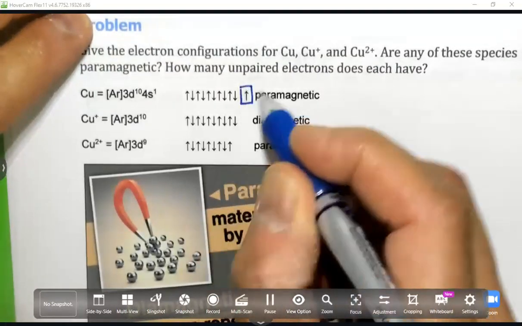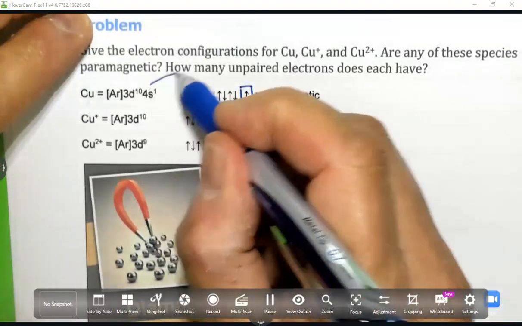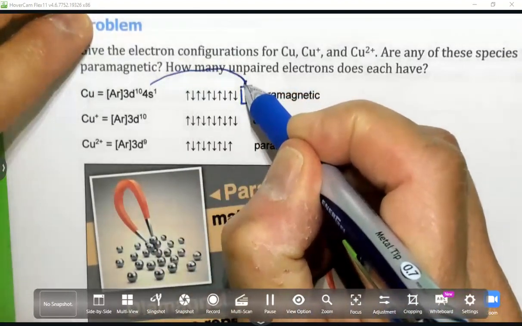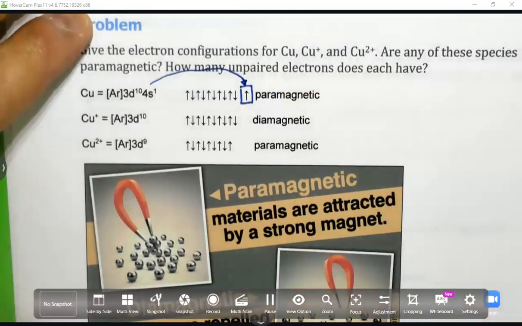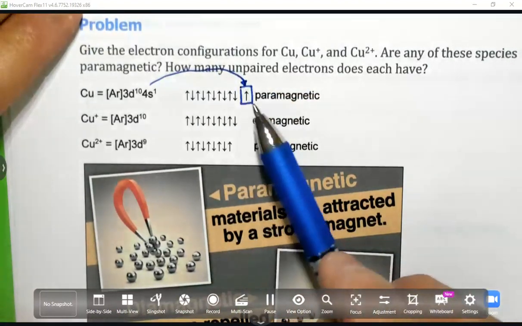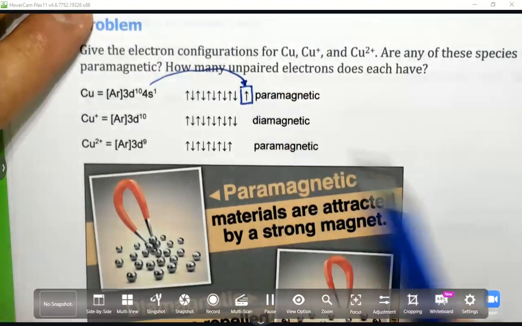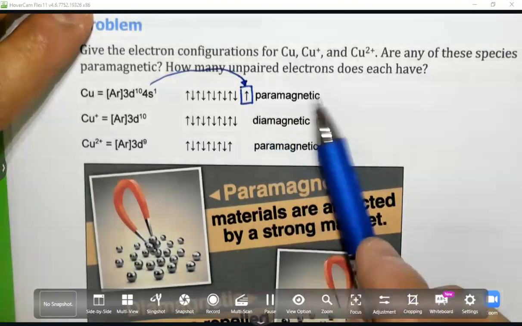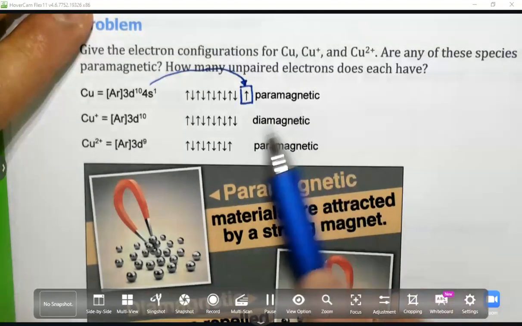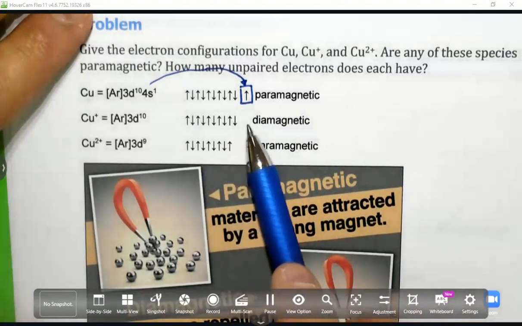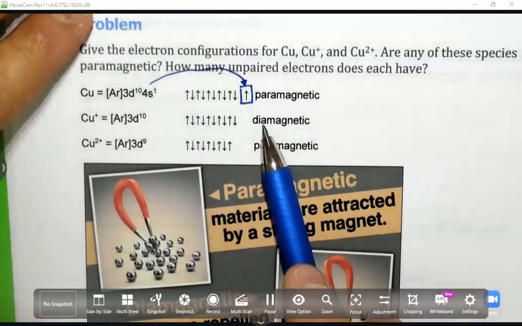So we're sitting here, this, my 4s1 electron. So I've got a single electron here. It cannot get canceled out. The magnetic field doesn't have another electron. So this is paramagnetic. We've got pairs on everything here.